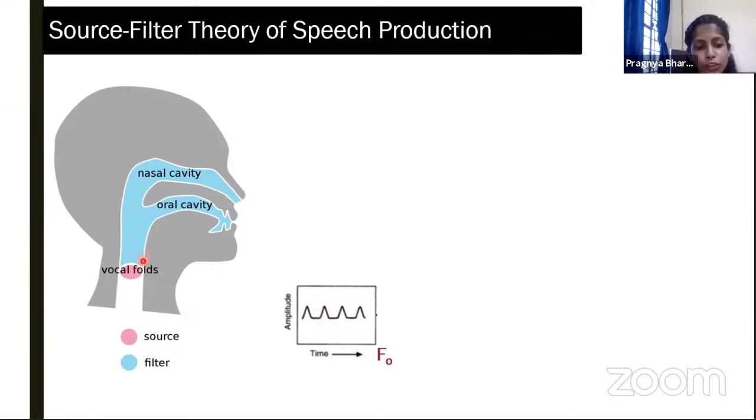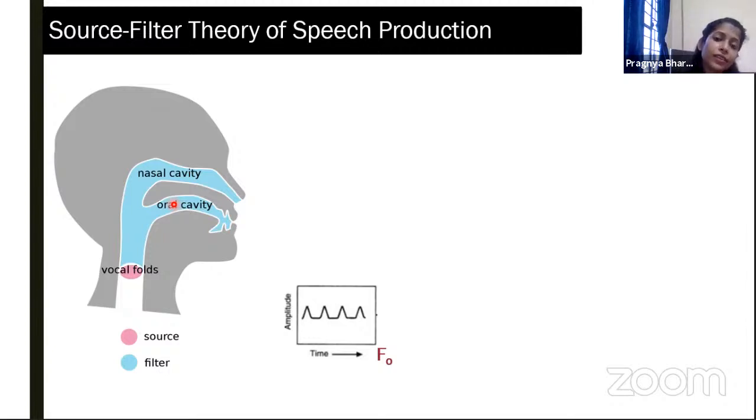Now, this glottal pulse, as it moves through our vocal tract, undergoes a filtration effect, right? For example, when I say the vowel oo, my tongue is lowered, my jaws are slightly apart, my lips are puckered. So the shape of my entire vocal tract applies a filtration effect on this glottal pulse. Similarly, when I'm saying the vowel e, my tongue is closer to the roof, my lips are extended, my jaws are closer together.